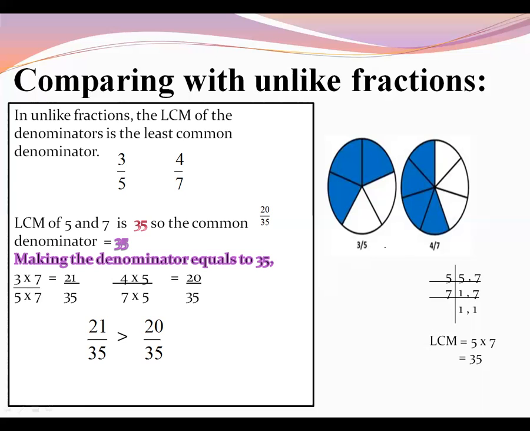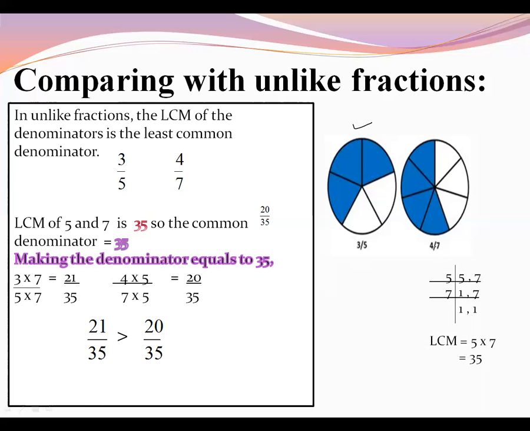Look over here. This one, circle A, is divided into 5 equal parts, and out of 5, only 3 are colored. So the fraction is 3/5. On the other hand, the other circle is divided into 7 equal parts, and out of 7, 4 are colored. So it is 4/7.